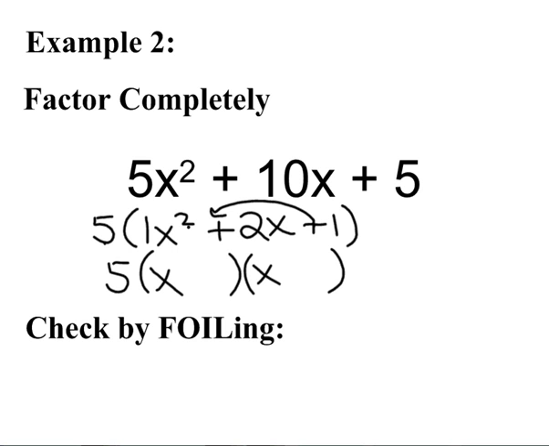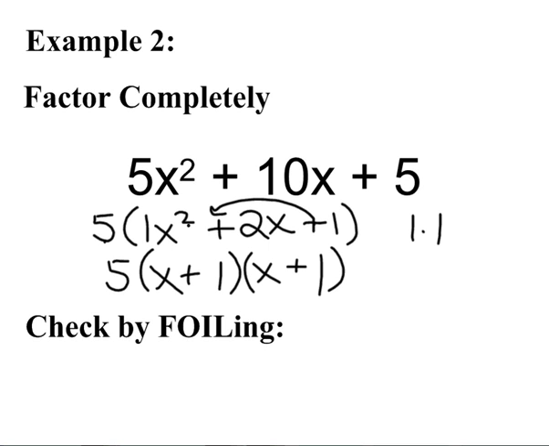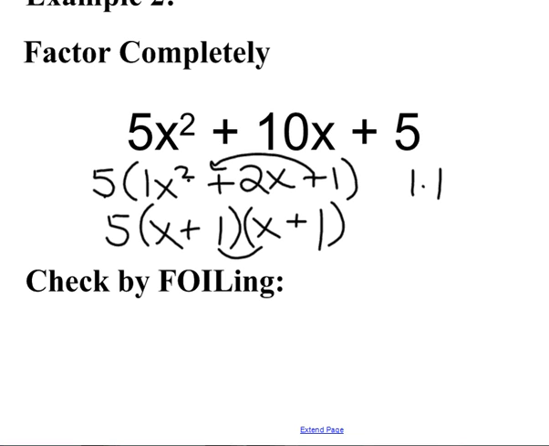How many factors of 1 are there? 1 times 1. That's my only choice. If that doesn't work, I'm done. Does that work? Yes, it works. This gives you 1x. Remember, what do you do with the middle terms? You add them. Plus 1x is 2x.